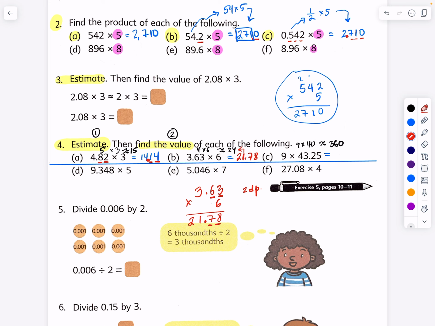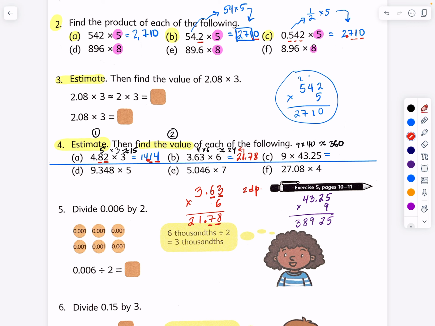And finally, part C, 9 times 43.25. Again, let's do our computation, finding our product, 43.25 times 9. Step 1, multiply using your standard stacked algorithm. Ignore the decimal point first. Let's find the correct digits. And we have 38925.